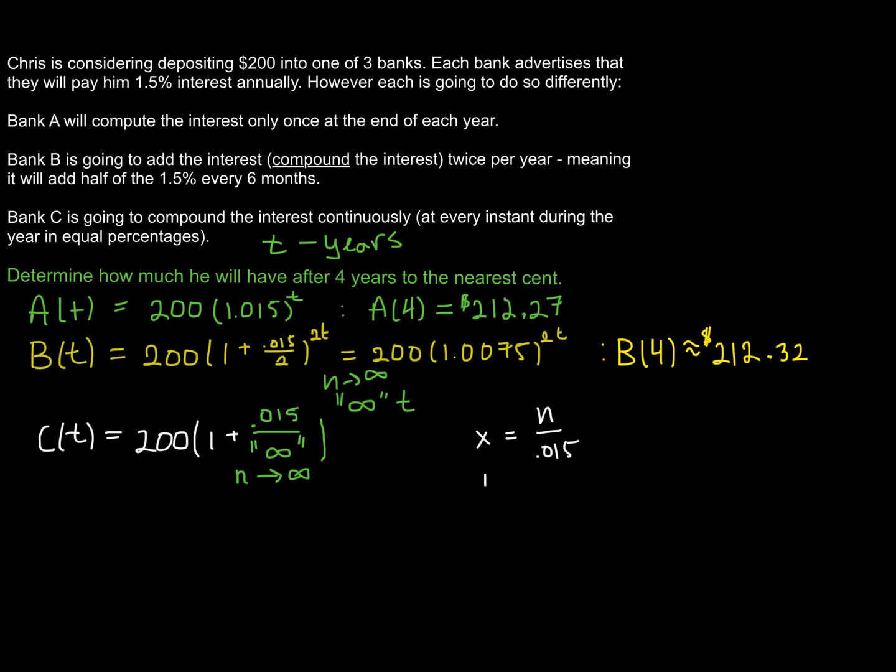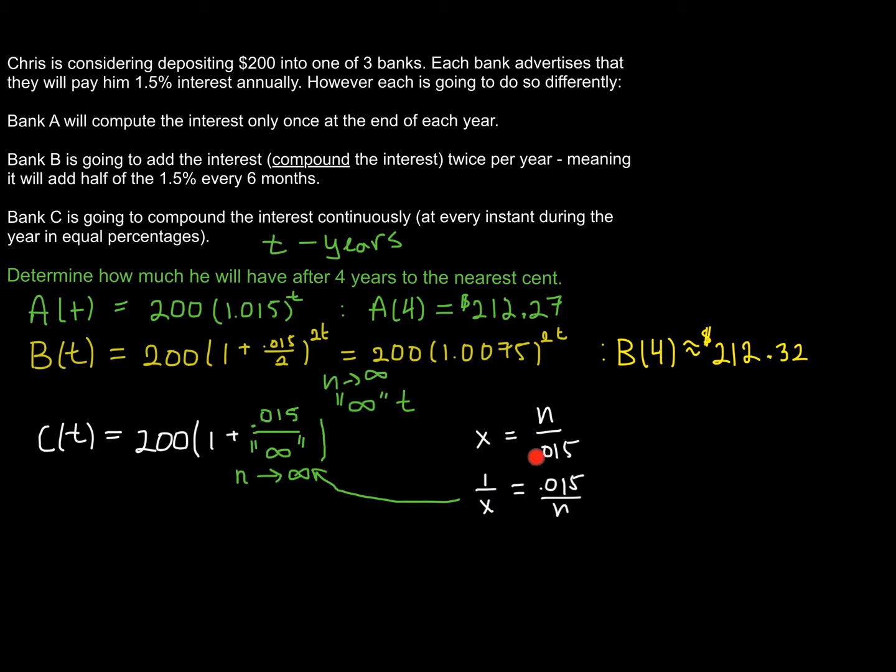So this means that 1 over x, if we take the reciprocal of both sides, is 0.015 over n. Okay, great. That is going to allow us to rewrite this thing inside our base. And that rational expression is going to change, and now it's just going to be 1 over x.